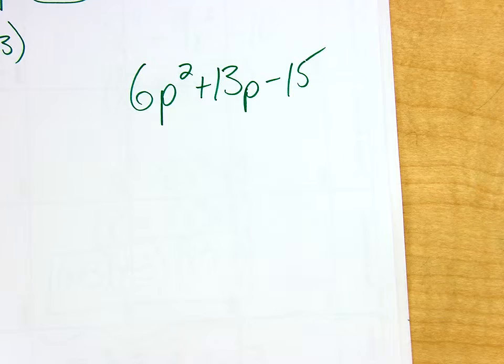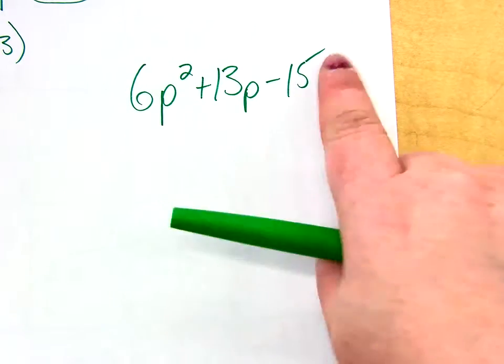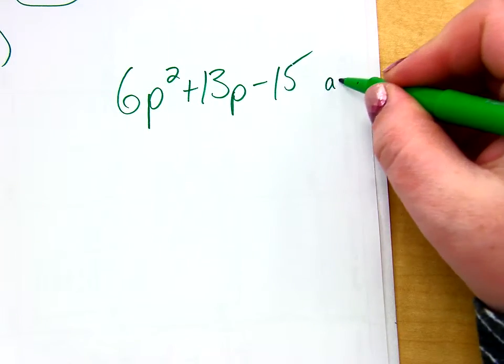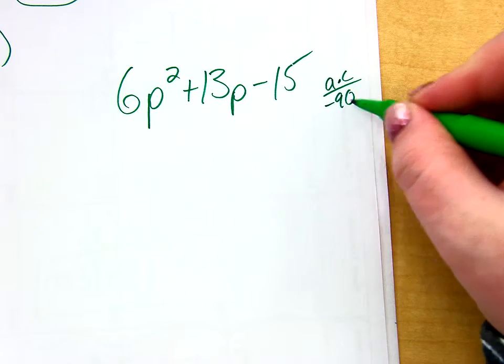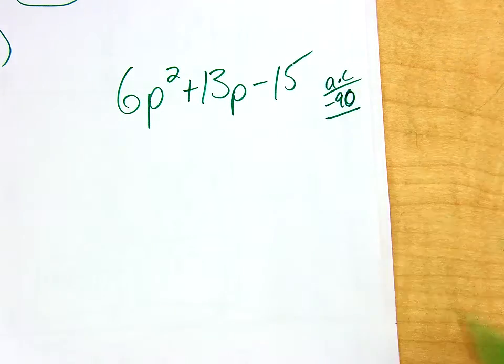No. Okay, always check. So I'm going to multiply A times C together. In this case, I have a 6 times a negative 15. So that gets me a negative 90.